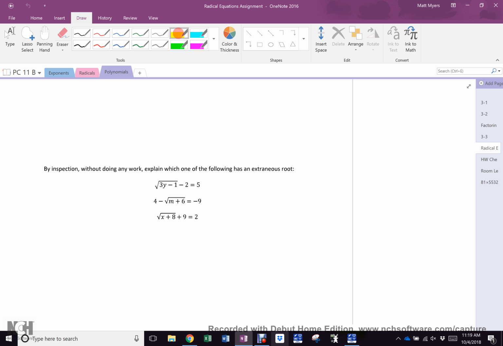But what does inspection mean? If you're going to inspect your dresser drawer, what are you doing? Searching it. Right? So you're going to look at all those, and you're not going to do any of the work we just did. You're going to say one of those has an extraneous root.